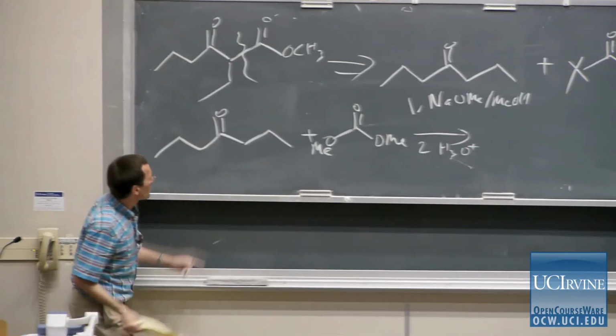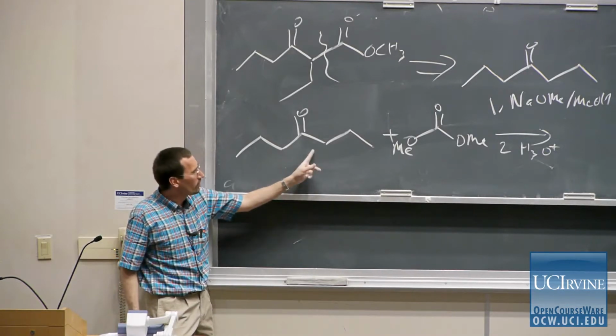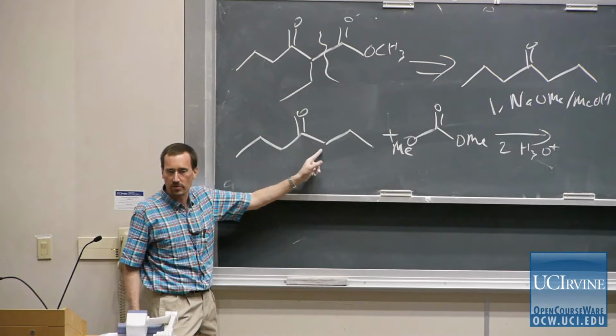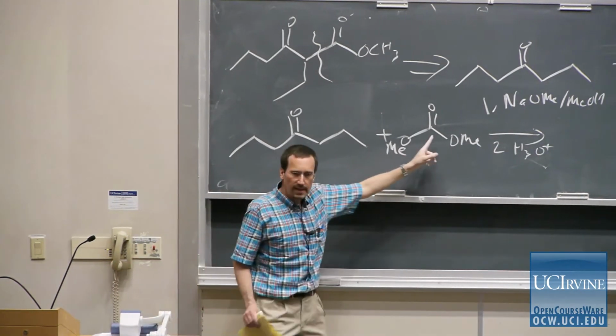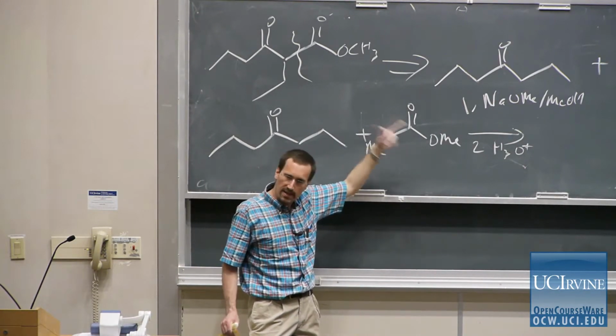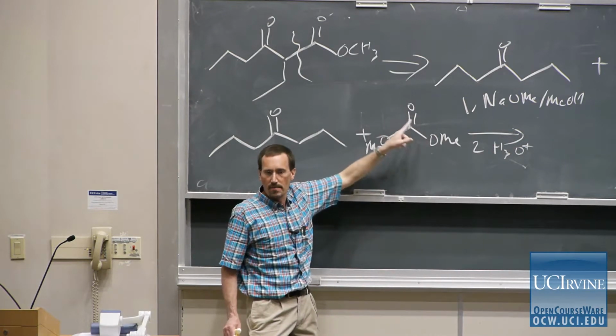Let's see. I guess, well, there's only one component that can form an enolate. There's only one type of enolate that can form, whether I enolize to the left or the right, it's the same thing. That enolate can attack this carbonyl compound, and ultimately then the same chemistry, form a tetrahedral intermediate, kick out a methoxide.